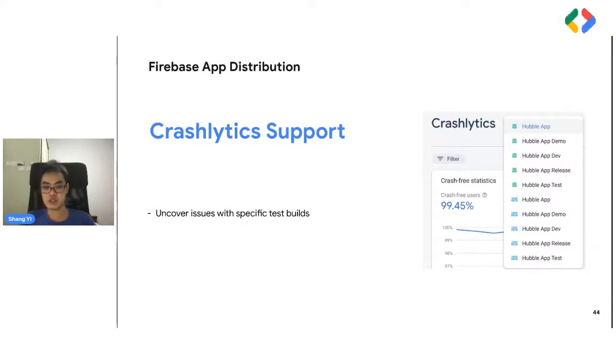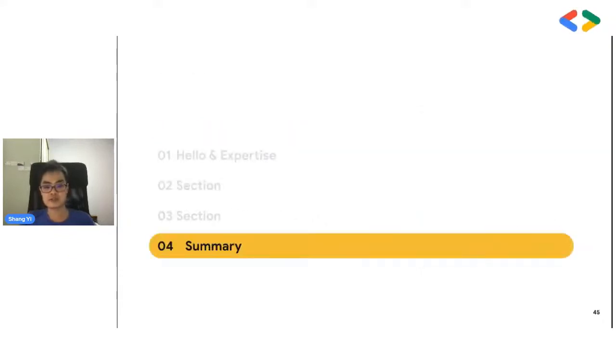So if you send a new distribution on the demo environment, then Crashlytics can inform you that, hey, something on demo actually has broken, and you're able to identify exactly which version that broke, and you can fix it accordingly. Rather than, imagine your QA now tells you something's broken, but you don't really know which version that you have distributed to the user that broke. So this is a pretty cool integration as well.